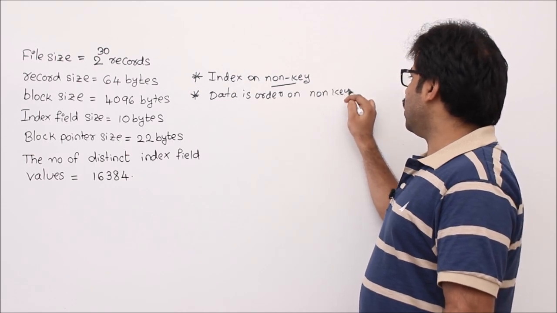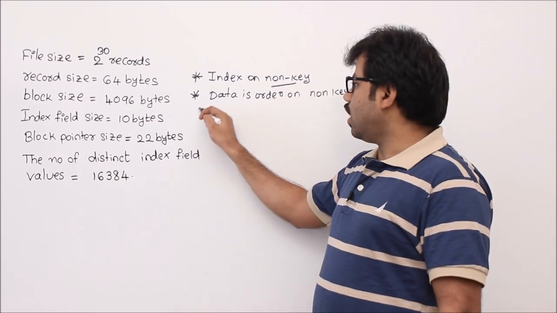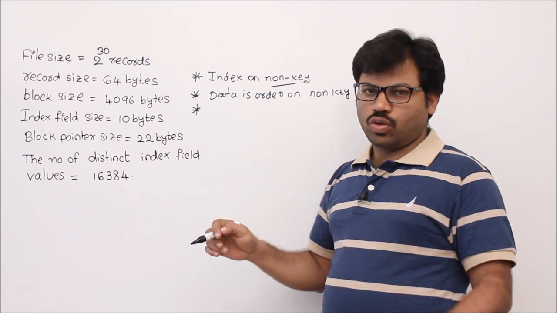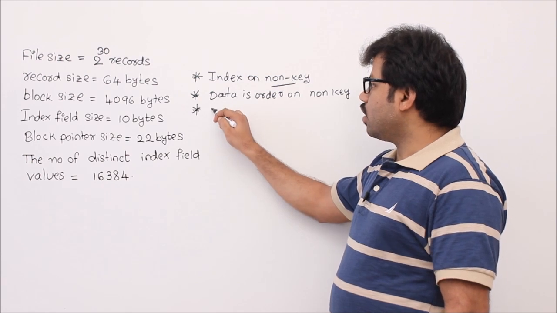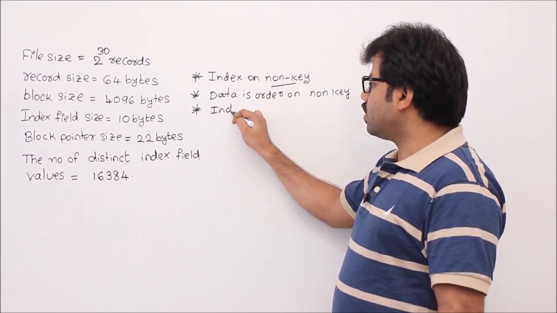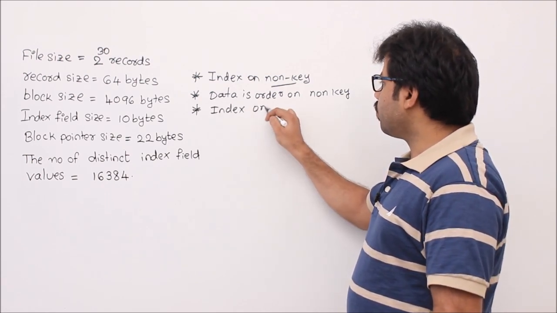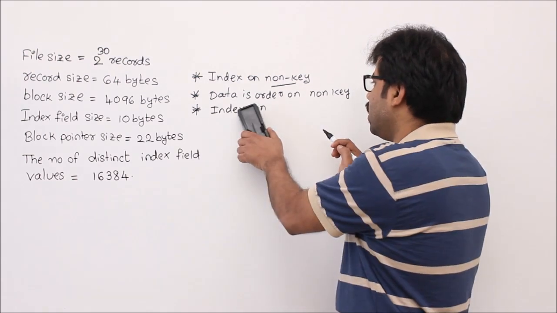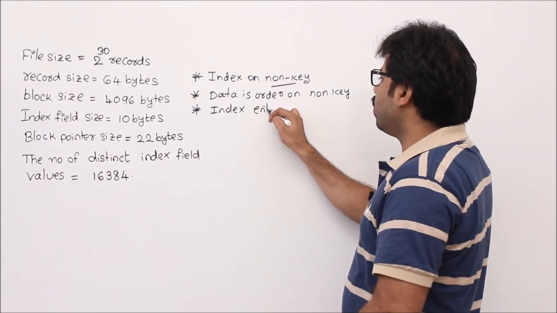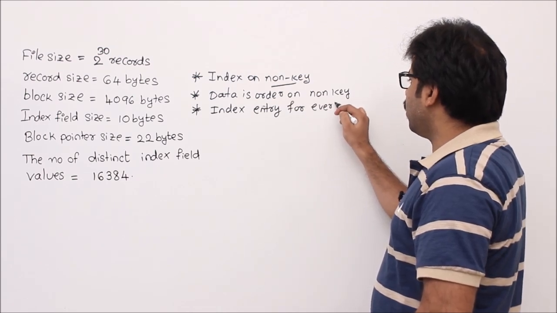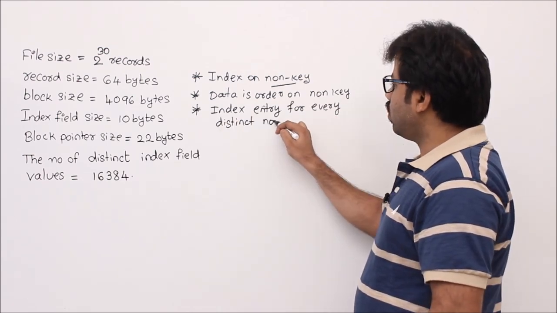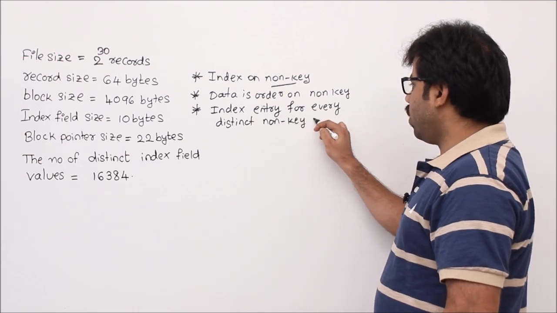So these two are essential, right? Now let me state the assumption. There are so many ways we can create an index. The one I am following is to create an index entry for every distinct non-key value. This is the technique I am following.